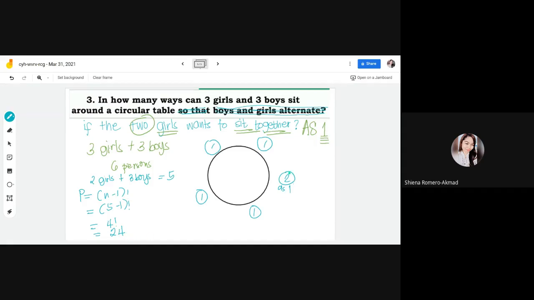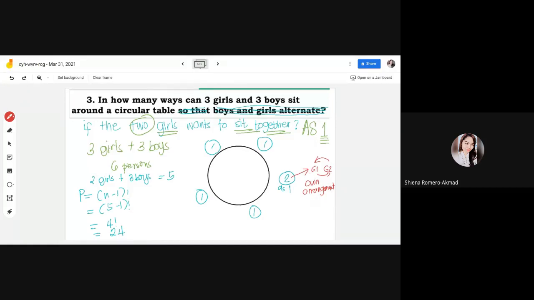But as you can see, because there are two of them who want to sit together, let us give them names, say G1 and G2. They can still swap places, so there is an arrangement between them. They have their own arrangement, and we have to consider the instances where they change seats.